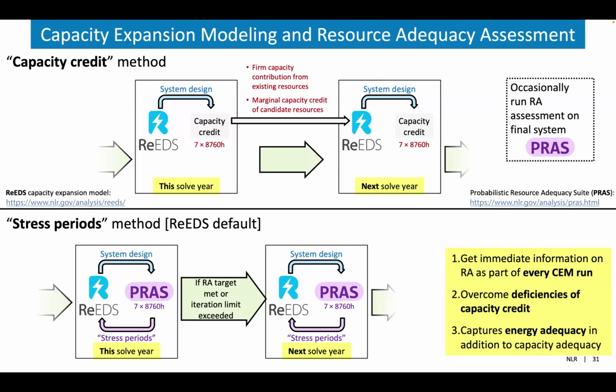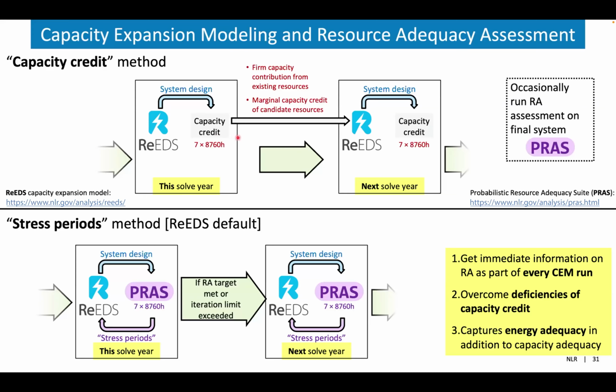The first, on the top, is the capacity credit method, where for a given solve year, which is resembled in a box, ReEDS designs a system and then passes that system to a capacity credit module that calculates firm capacity of existing resources, as well as the marginal capacity credit values for any additional resource.